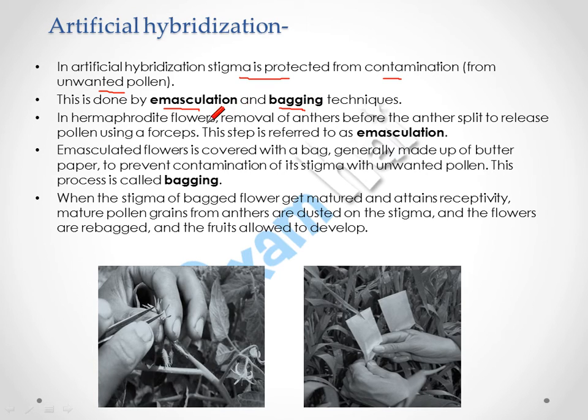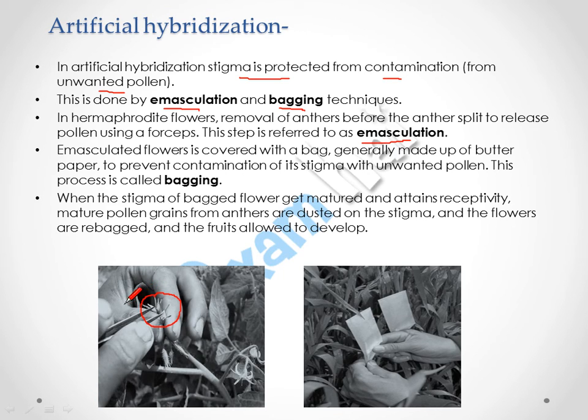So in a bisexual flower, the removal of the anther before the anther splits to release pollen, using forceps, is referred to as emasculation. As you can see in this diagram, with the help of forceps, the anther is removed from the flower before it splits and releases the pollen into the atmosphere.